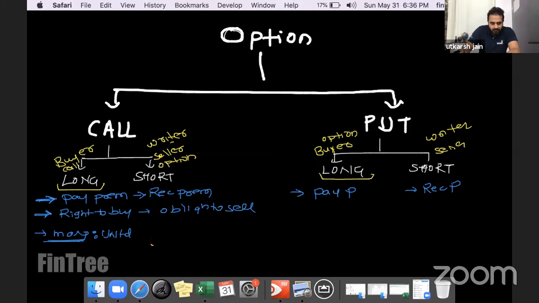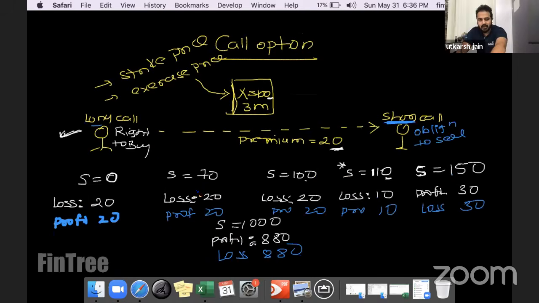The moment you know that, what you need to know is that the profit of this guy is going to be the loss of this fellow. So maximum loss here has to be unlimited. In the same fashion, what do you think is the maximum profit for a short call? When someone is taking a short call position, what does he want to earn? He just wants to earn premium. Look at this chart.